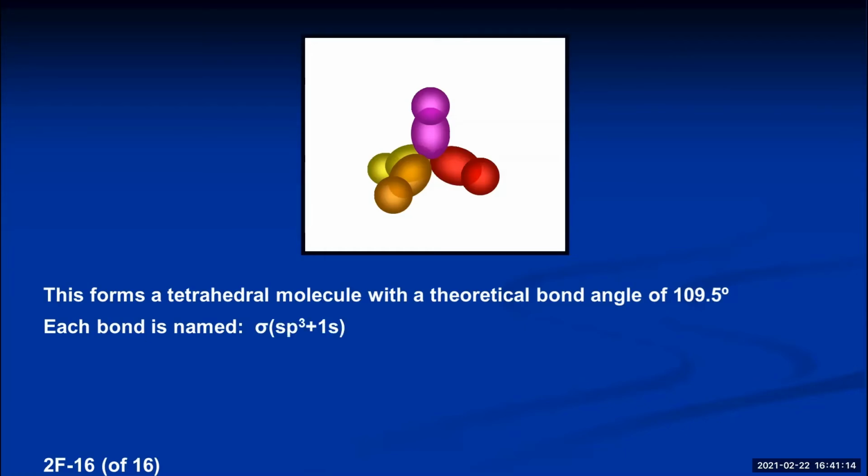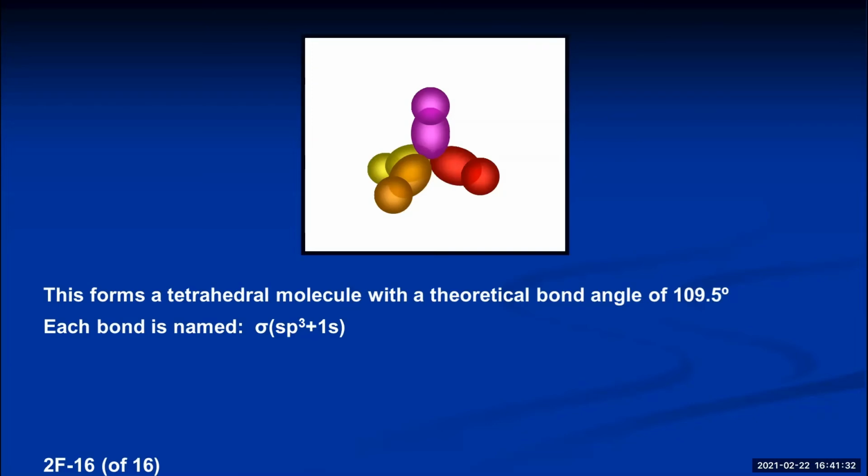And if you've done that correctly, you recognize that each of these bonds looks symmetrical if you draw an internuclear axis and imagine them spinning around it. The two atomic orbitals that overlap to make each of those bonds are an sp3 from the central carbon and a 1s from the hydrogen.